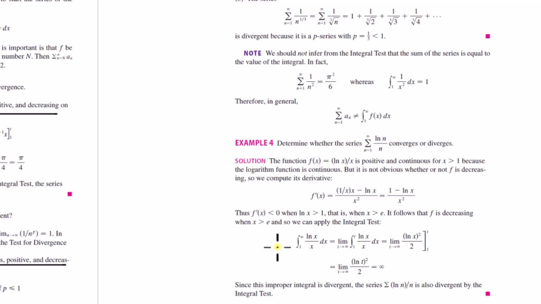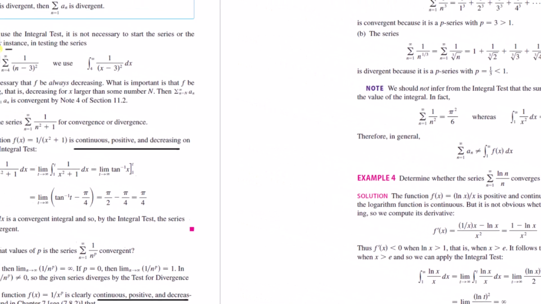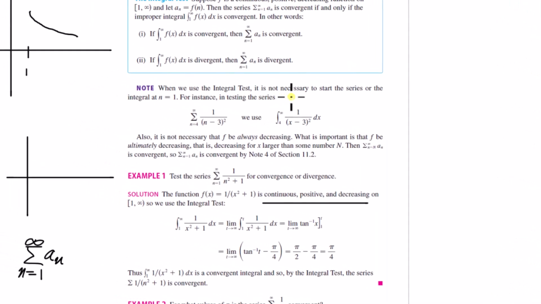But actually, if we come here, it says that for the integral test, it is not necessary to start the series at n equals 1. You could start at 4, for example, and do the improper integral starting at 4, since the series starts at 4. It also says it's not necessary that f be always decreasing.